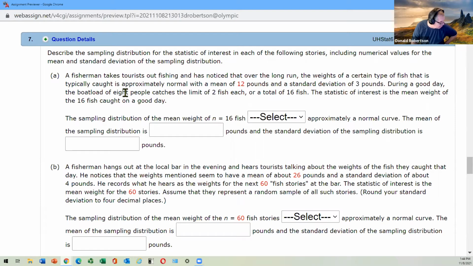During a good day, the boatload of 8 people catch 2 fish each. So this is a sample of 16 fish. We're going to create a normal distribution from that.